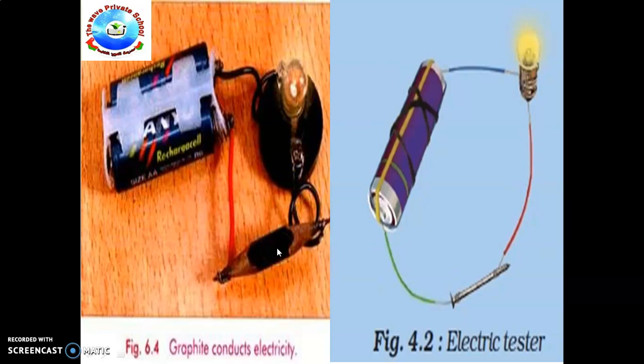Wood cannot pass electricity through it. Graphite is a non-metal, but it conducts electricity because of the presence of carbon in it.